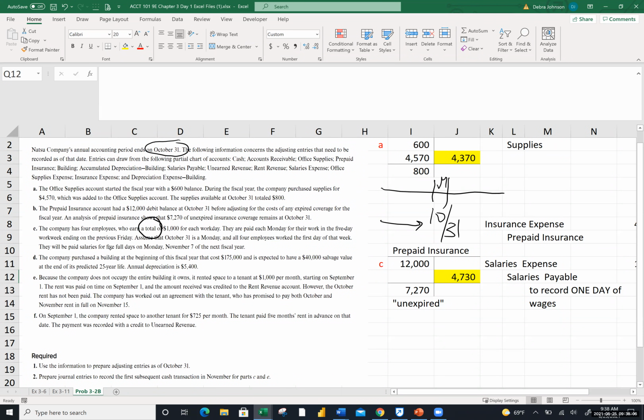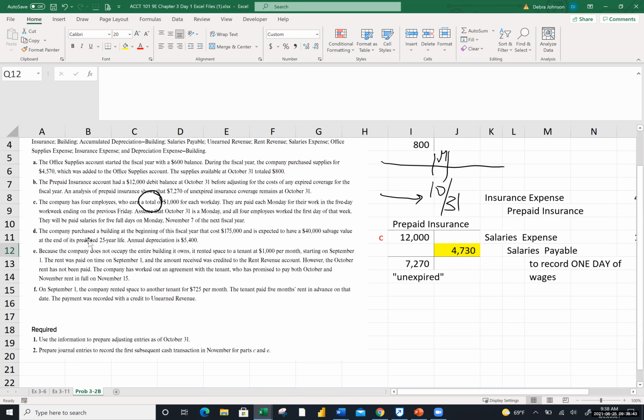I could see where you might be making that mistake, because he could have been a lot more clear with the wording, but in total, they earn $1,000 for each workday. I apologize. No, that's fine. He could have worded it that there's 4 employees each who earn $1,000 a day. Then you would have had to multiply by the 4 employees and it would have been for 4,000. Yeah, and I wouldn't put it past him to switch up the wording either. So you got to read it really carefully.